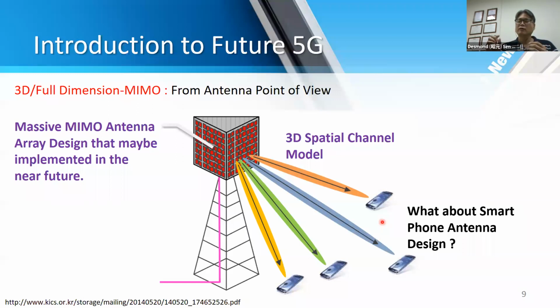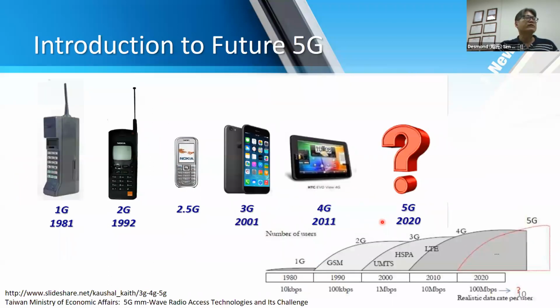With such a low profile smartphone, if you take away the thickness of the screen, which is around 1 millimeter, you are left with about 6 to 7 millimeters of thickness. And you have to consider your battery and so on. I'm going to show you some pictures afterwards, so I'm going to skip the introduction from 1G to 5G.